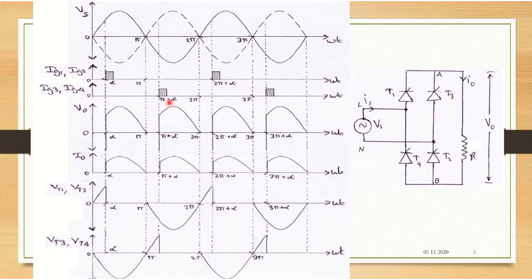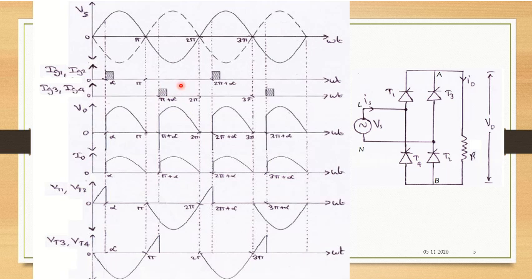So similarly, look at this second half of the period there, wherein you are giving triggering signal to T3 and T4. Till you are giving triggering signal to T3 and T4, the input voltage, you can imagine the reverse phase there, is appearing across T3 and T4.